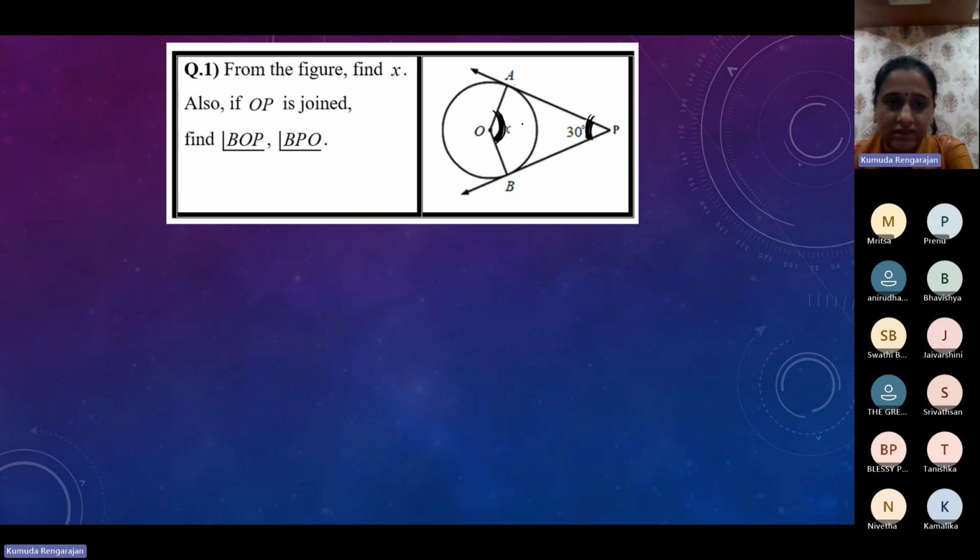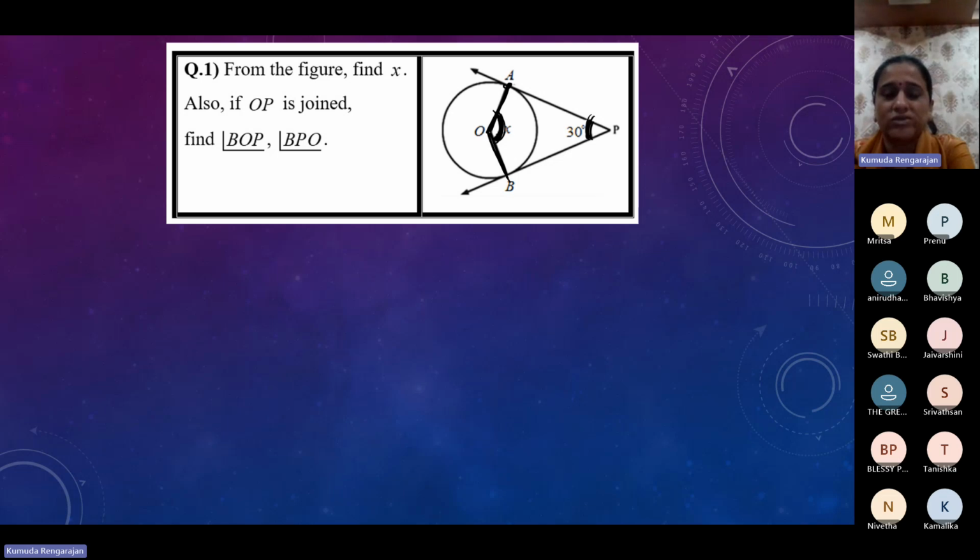This angle is the angle between the line segments joining the points of contact to the center. A and B are the points of contact. AO and BO are line segments joining the points of contact to the center.